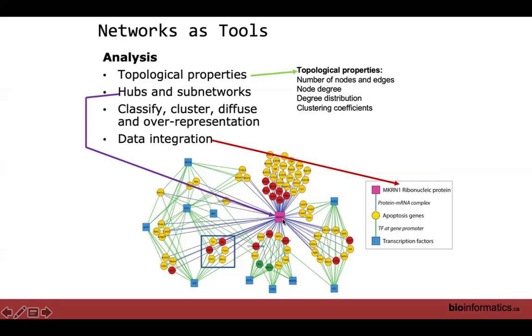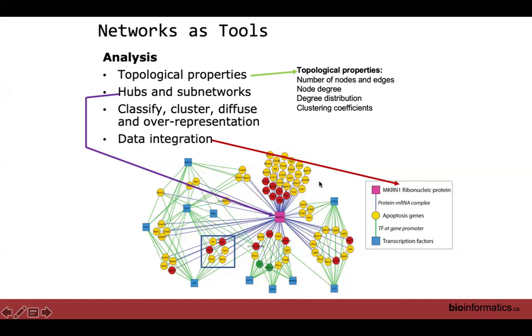They're only connected to this one node, mRNA protein over here. But there is a lot of connectivity within this network. So there are a lot of different topological features that you can calculate. If you're looking for a specific protein that is highly interconnected, you can calculate the degree of all of the nodes in your network and find which one has the highest degree, for example.